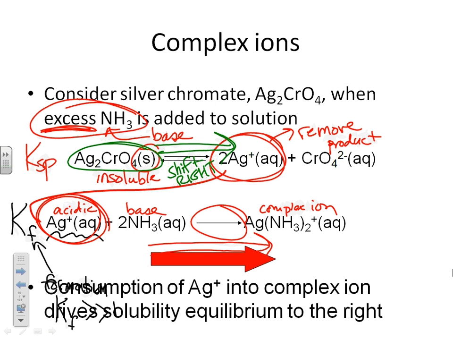So we just say, and I'll erase that formation, that the consumption of the silver ion into the complex ion increases the solubility of that silver chromate in that first reaction. That first reaction is where the solubility lies. You're taking a solid and turning it into an aqueous solution. That's the solubility. And by removing a product, you're getting that silver chromate to go into solution far, far better. This is really just applied Le Chatelier.